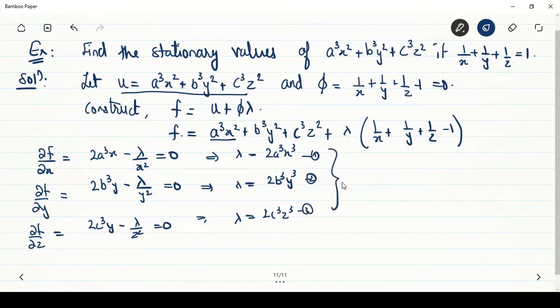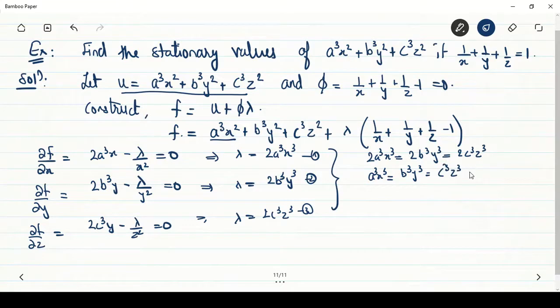This implies 2a cube x cube equals 2b cube y cube equals 2c cube z cube. If we cancel out the 2, we get a cube x cube equals b cube y cube equals c cube z cube.